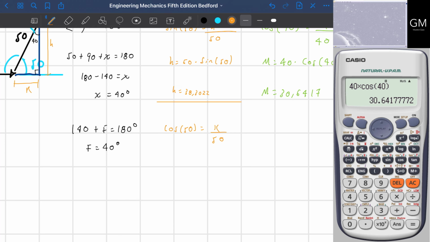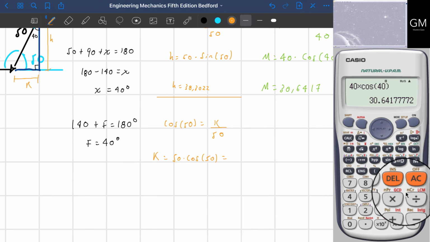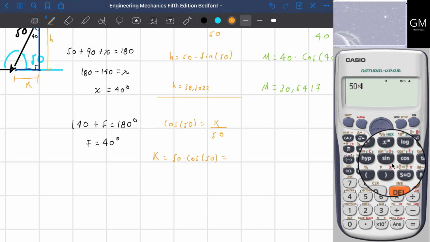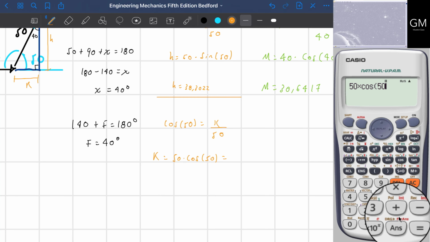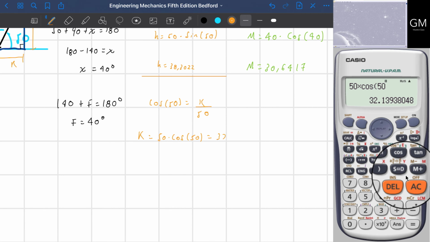In this case, k will be equal to 50 multiplied by the cosine of 50. This is equal to 32.1393.